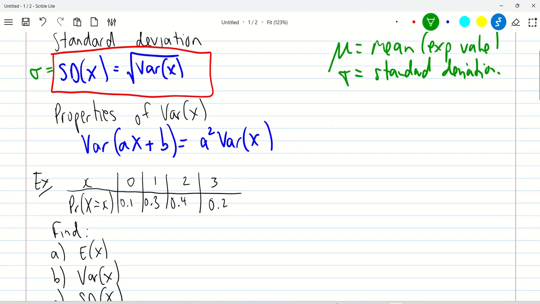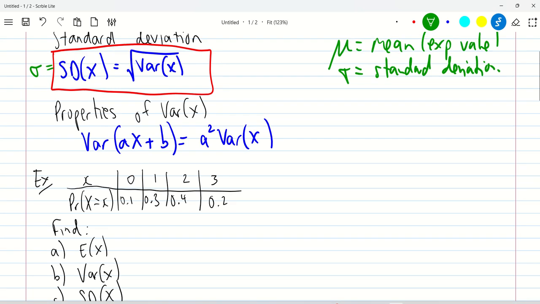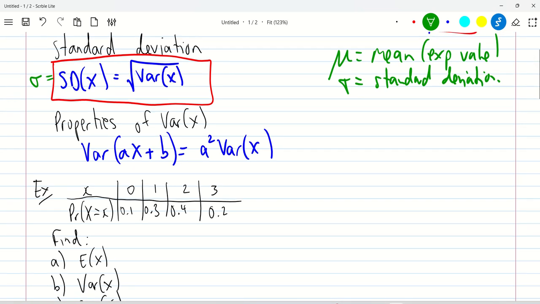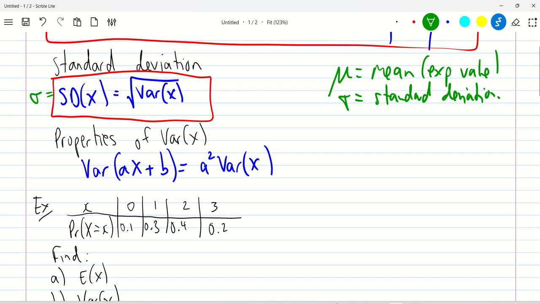Just a property of the variance, just like we talked about the properties of a linear transformation of the expected value. If you've got a linear transformation of the variance, what happens is that the variance doesn't even care about the plus b, which makes sense. If you're adding a number to something, it doesn't change how wide the distribution of that discrete random variable is.